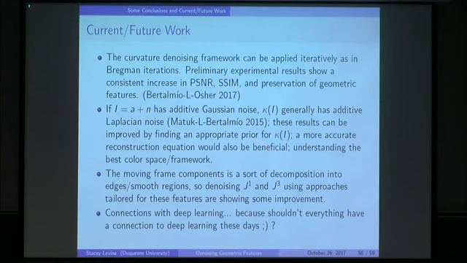And then there are so many questions that have to do with this framework if it were to be extended further. For example, a better way to denoise curvature. Is there a prior you could put on it? It seems to have Laplacian noise. Except for my student who tried a median filter, we haven't done anything about that.